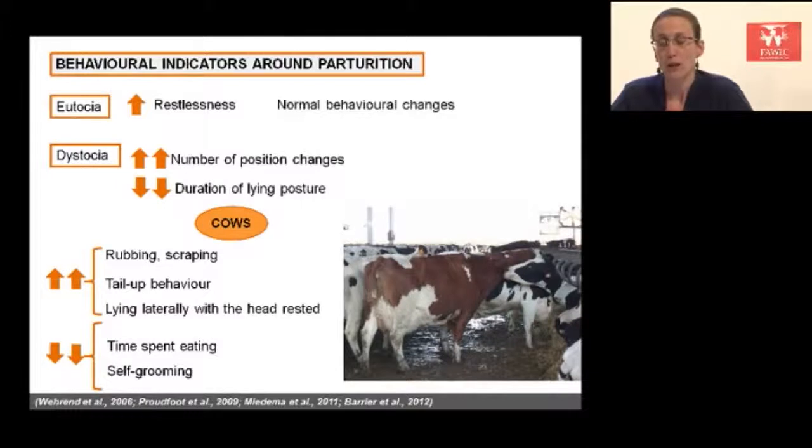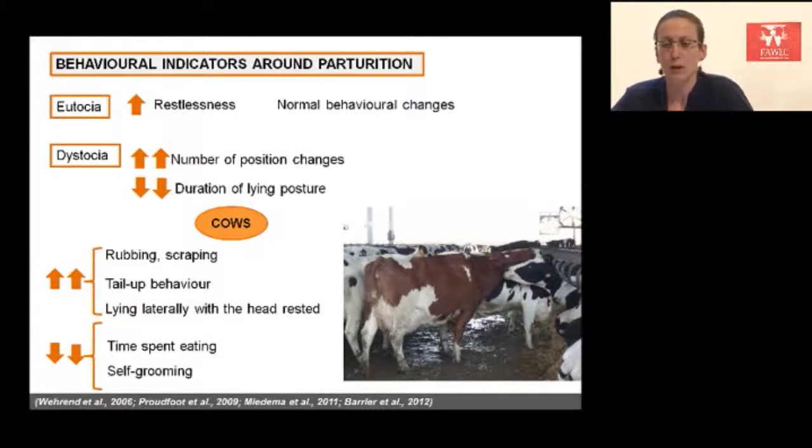And also, in cows, there are other specific behaviors whose frequency is modified and that we can assume indicate dystocia. In this case, there is not a real agreement between studies, and maybe this lack of agreement is because different authors observe different times around parturition, and also because this kind of behavior shows very high variability.